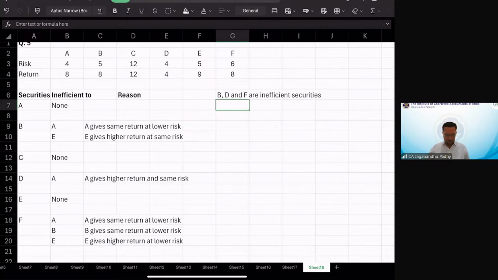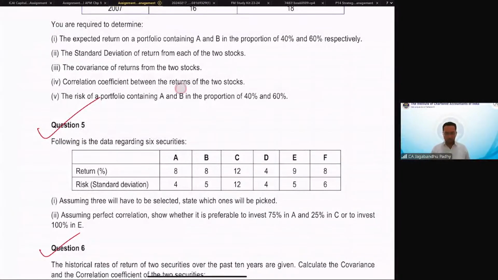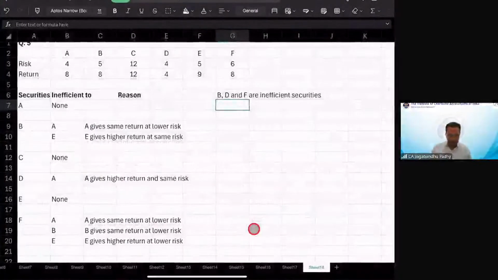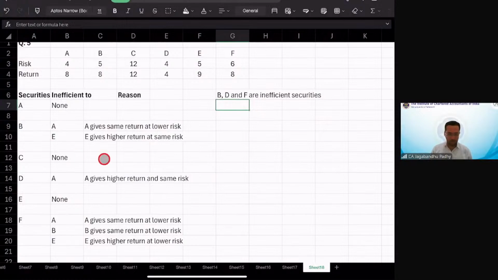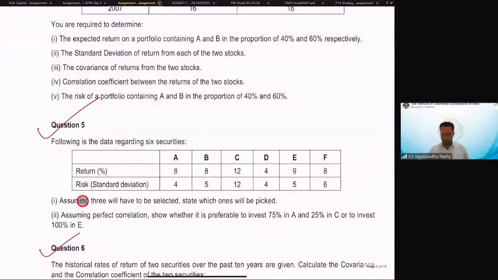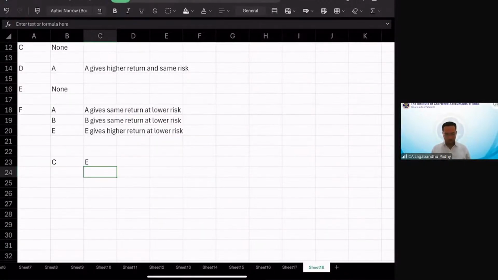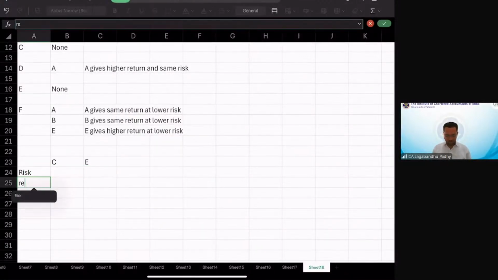Then, next. Assume a perfect correlation. Show whether it is preferable to invest 75% in A and 25% in C, or to invest 100% in E. Okay. So with regards to C and E, we have the risk number and also the return.